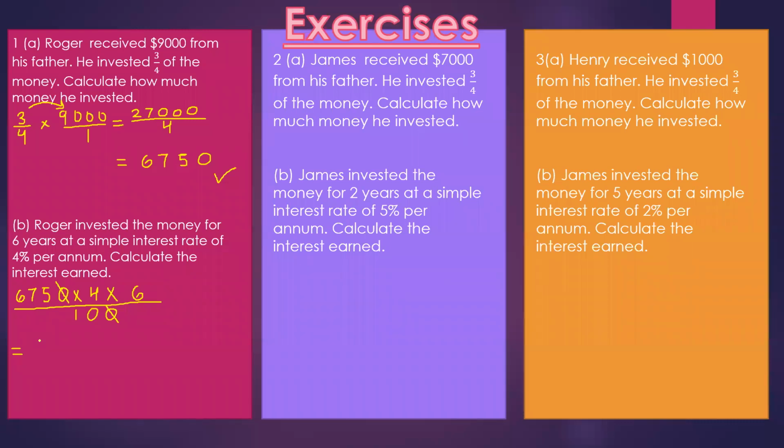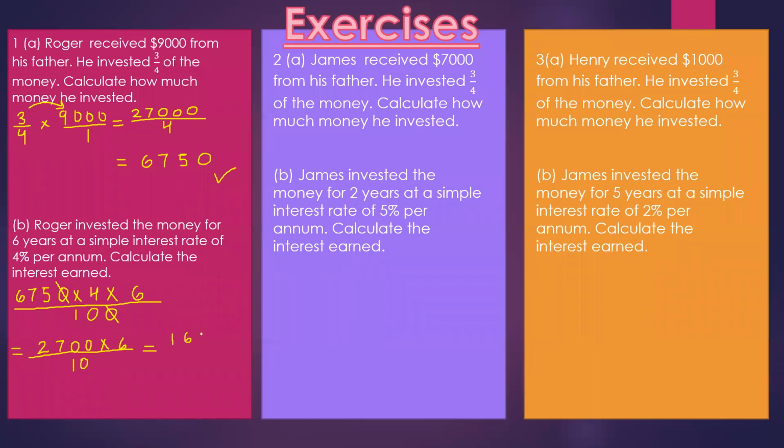So we are left with 675 times 4, which is going to be what? It would be equal to 2,700. And when you times that by 6, you get 16,200.